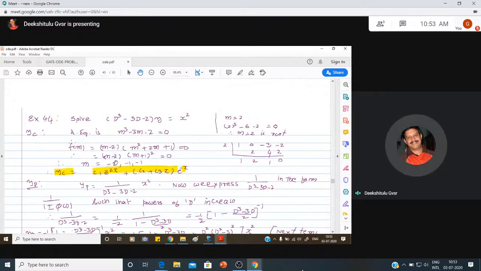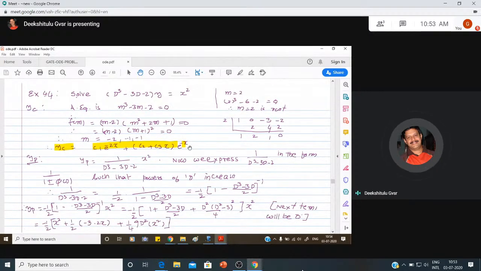So the roots are m is equal to 2, minus 1 and minus 1. So the complementary function becomes c1 e power 2x plus (c2 plus c3 x) e power minus x. So this is the complementary function.